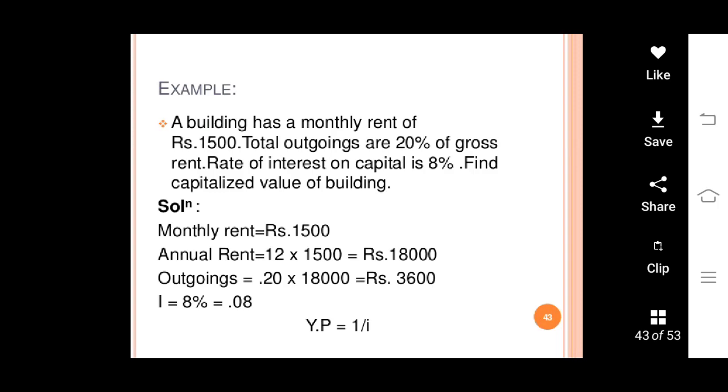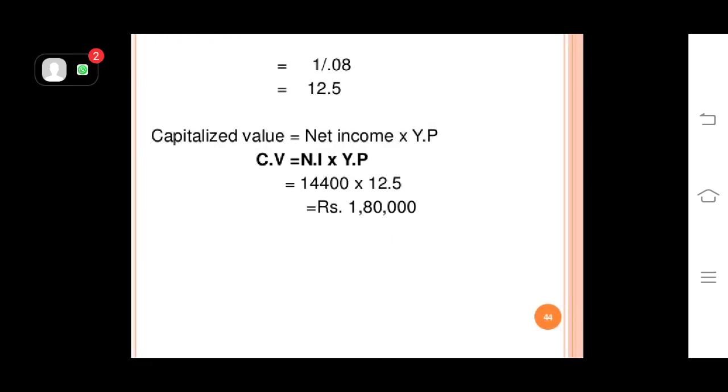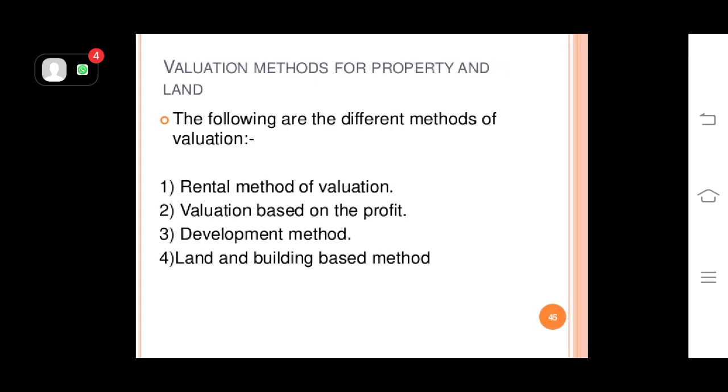Outgoings are 20% of 18,000, which is equal to 3,600 rupees. I is the percentage interest, 8%, and year's purchase can be calculated by 1 upon I, that is 12.5. Now capitalized value can be calculated by net income into year's purchase, that is 14,400 into 12.5, which is equal to 1,80,000 rupees.